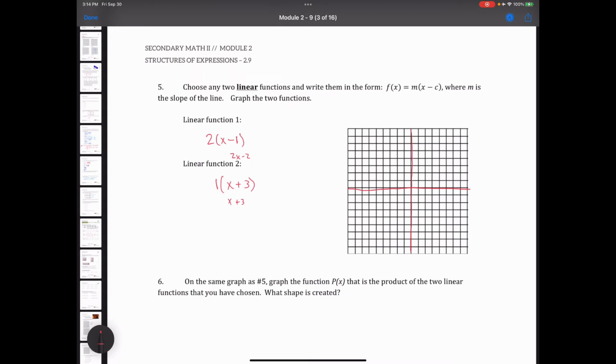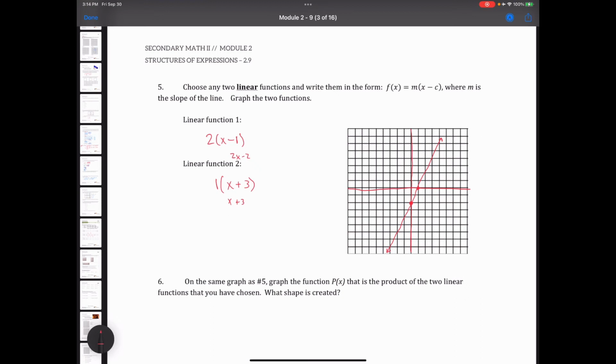So I know that the slope of that first one will be positive 2, and it's going to go through the point 0, negative 2. Slope of rise of 2, run of 1, rise of 2, run of 1, and so on up there. Same thing back down here, and so on down there. So there we go. It crosses the x-axis right there at 1.